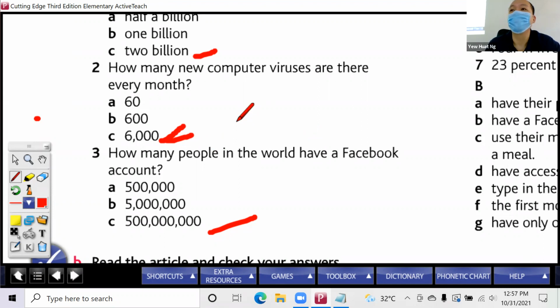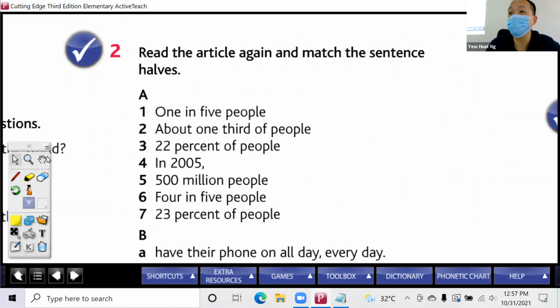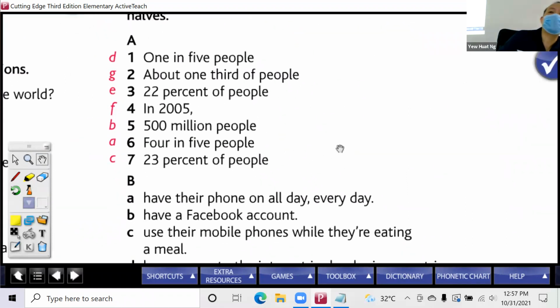If you cannot create a virus successfully, you fail. So that is why 6,000 computer viruses every month. All right, check the answers. Here we go. D, G, E, F, B, A, C.